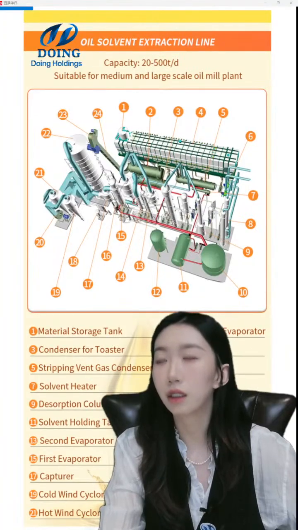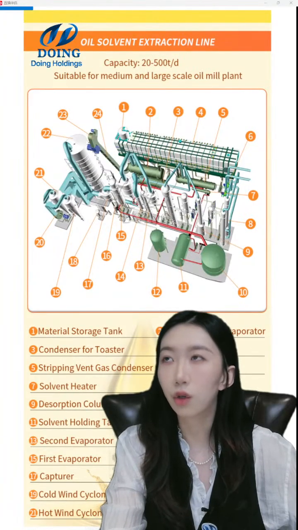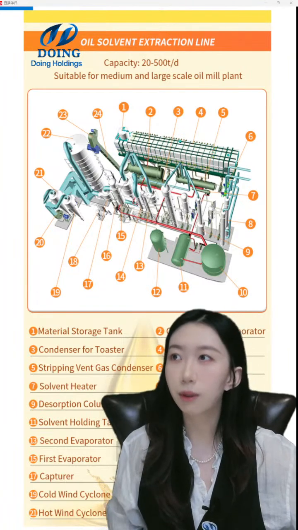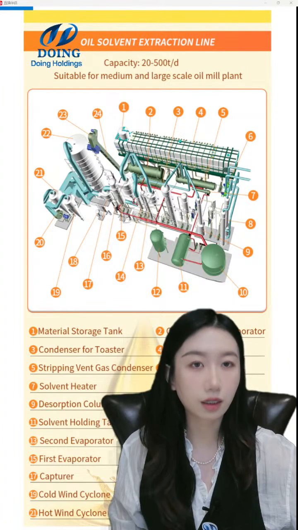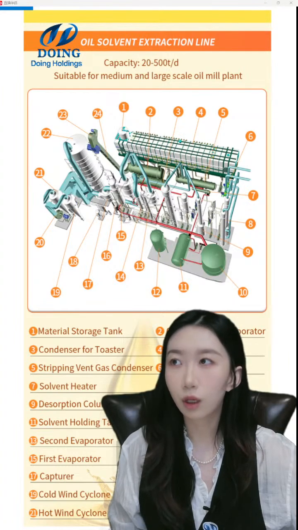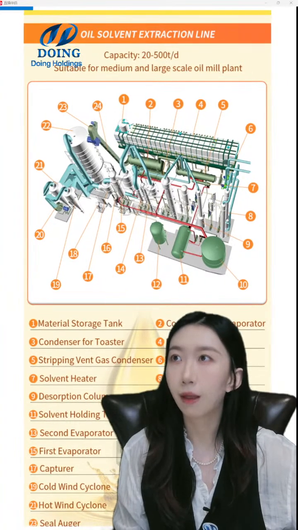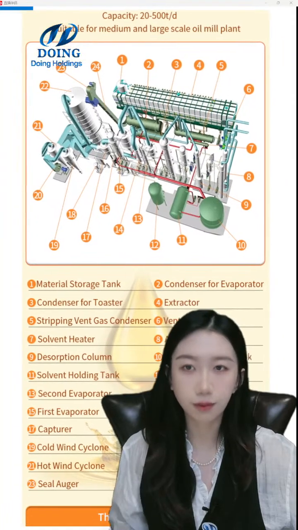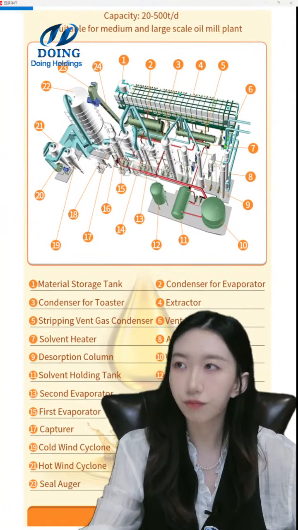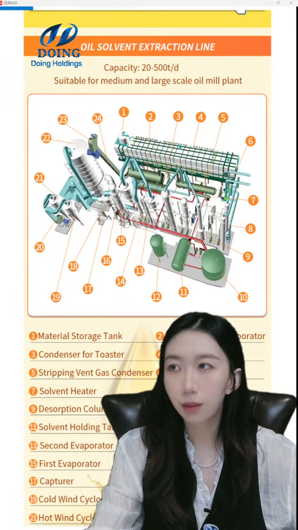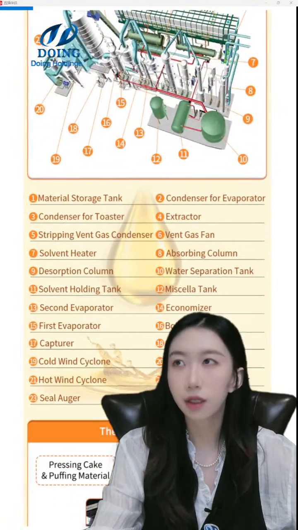This is the oil solvent extraction line. Our equipment capacity is more than 20 tons per day. It's suitable for medium and large scale oil plants because the oil solvent extraction line price is high.